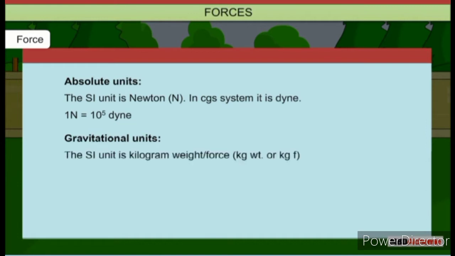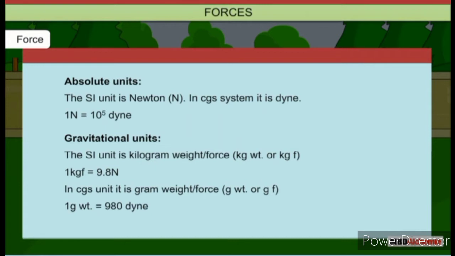SI, kilogram weight or kilogram force, kgWt or kgf. 1 kgf equals 9.8 N. CGS, gram weight force, GWt or GF. 1 GWt is equal to 980 dyne.